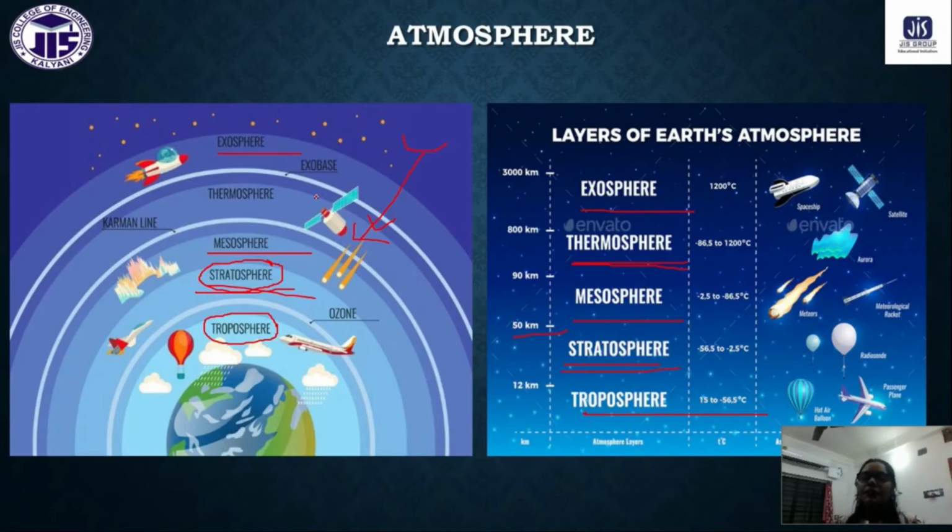Okay, so these are some of the layers we have in the Earth's atmosphere. This is very important.